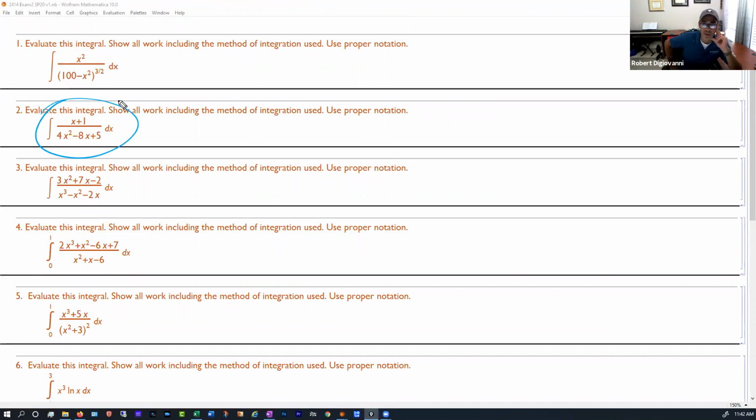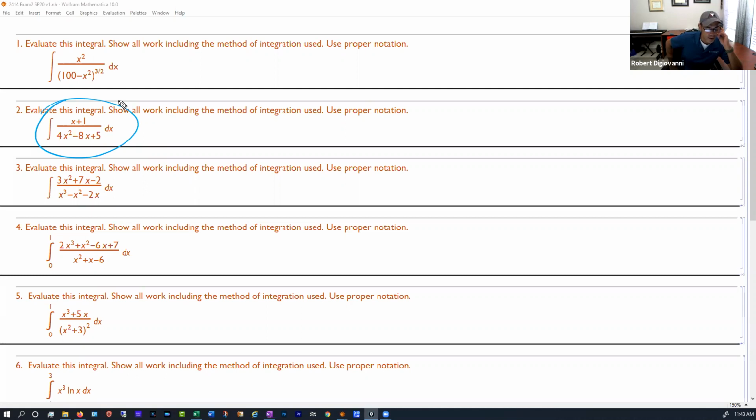So I'm forcing you in that problem to do the u and make the top look like the derivative of the bottom. I'm actually forcing that to happen in this test. So you have to demonstrate to me that you know that technique. And I can assure you that on your test, you're going to have that too. Somewhere in there, you're going to have to show that.